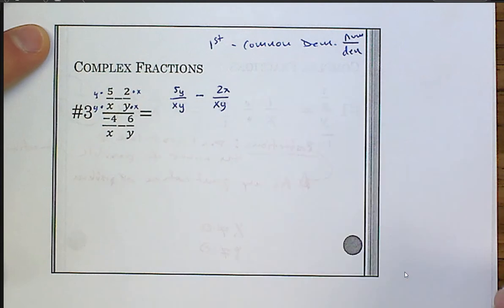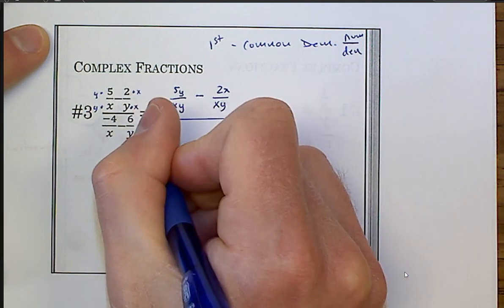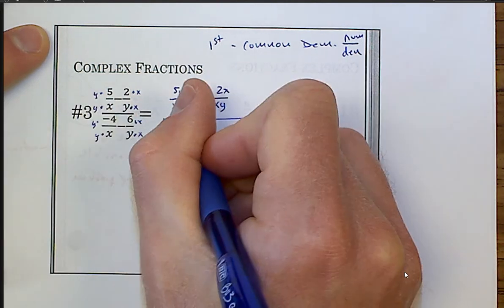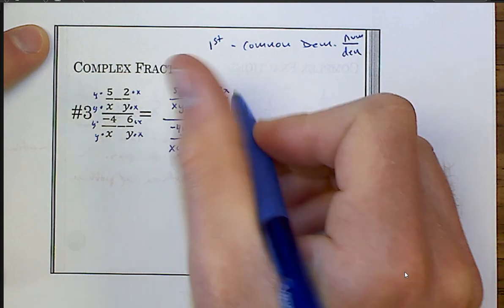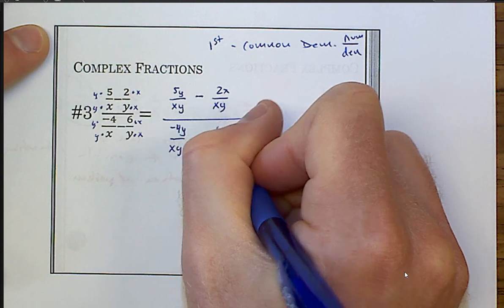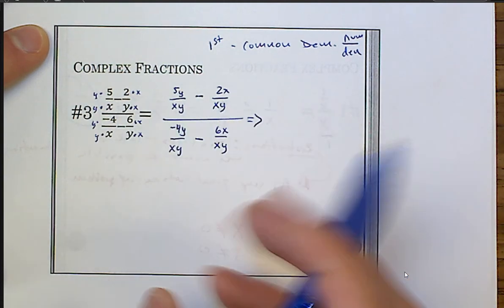Okay? And then divided by, and I'm going to do the same thing down here. This needs to be multiplied by x, this needs to be multiplied by y and by y. So I get negative 4y over xy minus 6x over xy. And then I've got to simplify, right? Push those together because it's subtraction now.